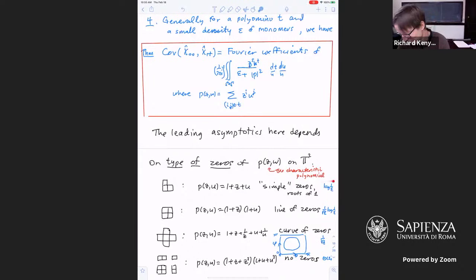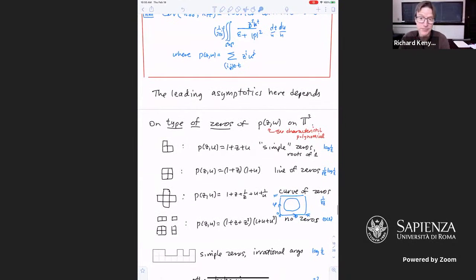And if you talk to an expert, he will tell you what the growth rate looks like as a function of the type of zeros.